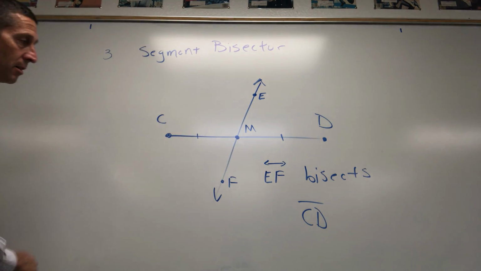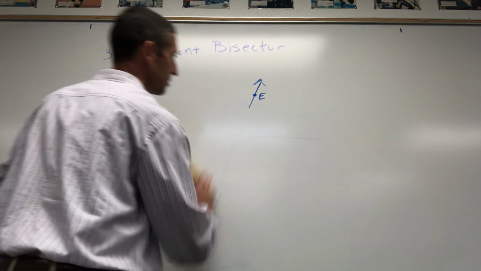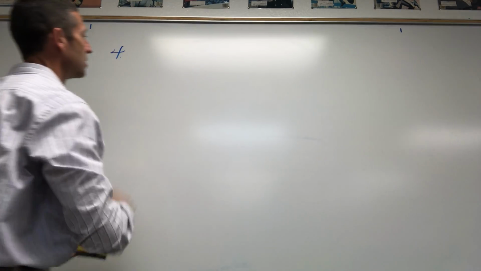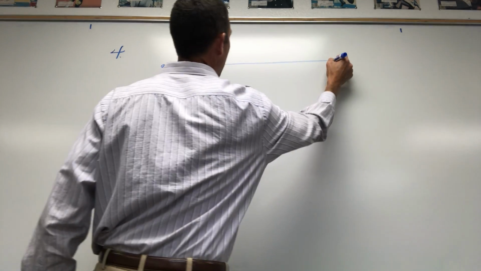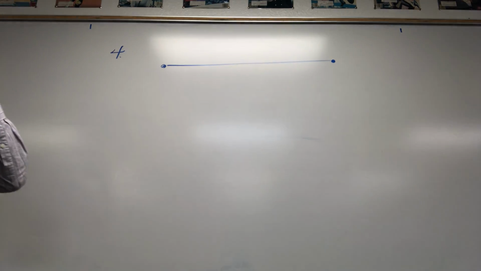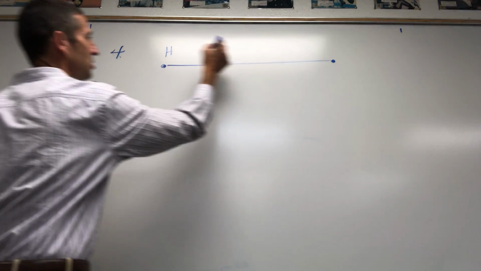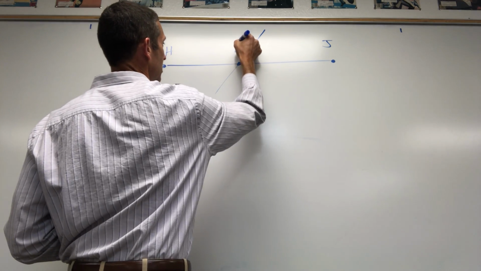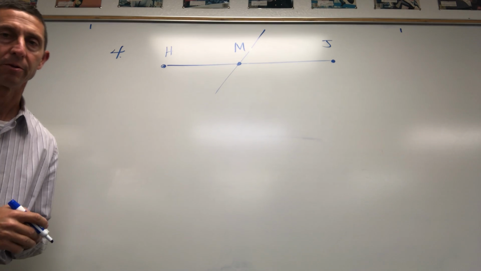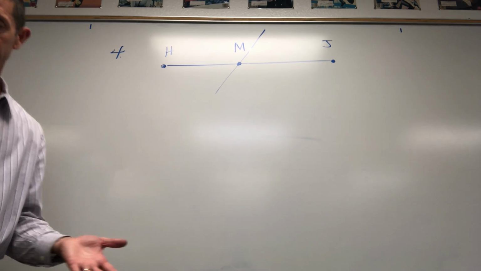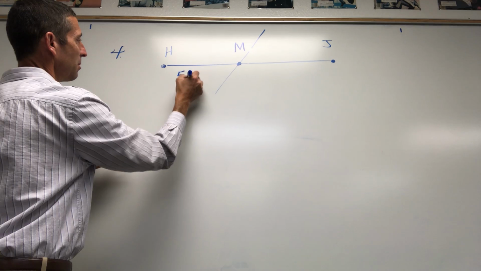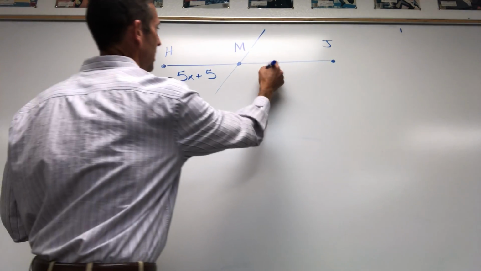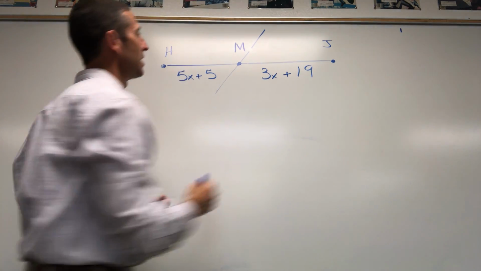All right, so from here, they throw some algebra problems at you. Let's get a little bit of a setup for an algebra problem. How about HJ, and again, we'll cut it with a segment bisector, M right in the middle. So how you run an algebra problem like this: say this part is 5x plus 5. The other side, we've got 3x plus 19.